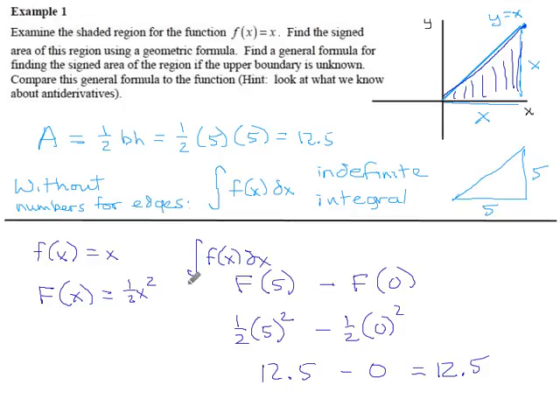If it's going from 0 to 5, you put the left boundary on the bottom, you put the right boundary on top, and now you have a definite integral. You read this, the integral from 0 to 5 of f of x dx, or the integral of f of x from 0 up to 5. Definite integrals, because you're plugging a number into them, your answer should come out as a number with no x's in it. So an indefinite integral, you might end up saying at the end 1/2 x squared or something like that. For a definite integral, your answer will be like 11 or 12.5 or some such thing.